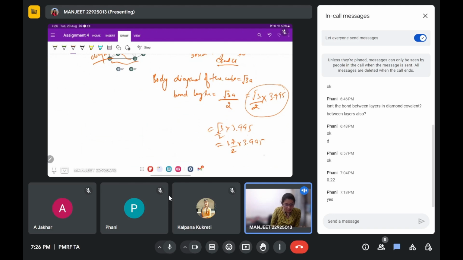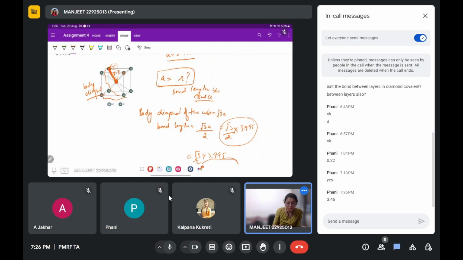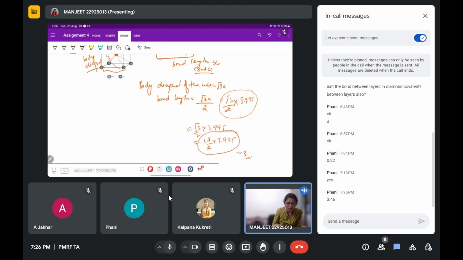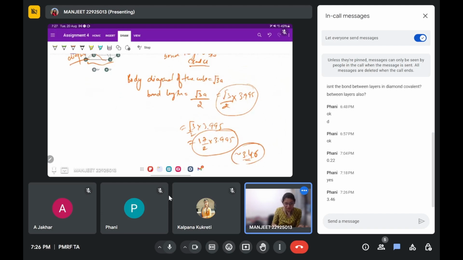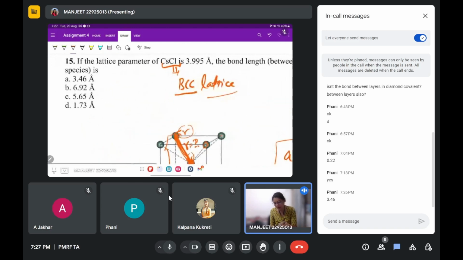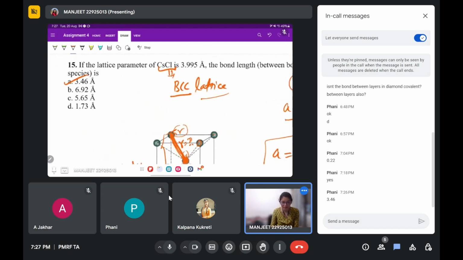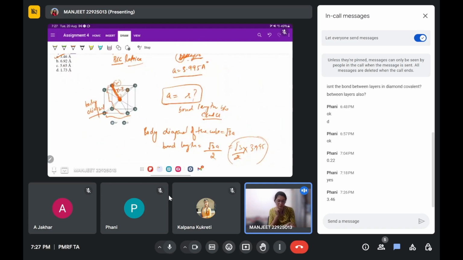It will come around 3 point something. Are you getting the same value? How much are you getting? Because bond length is half of the body diagonal, so 3.46. So yeah, A will be the right answer, because bond length is half of the body diagonal.